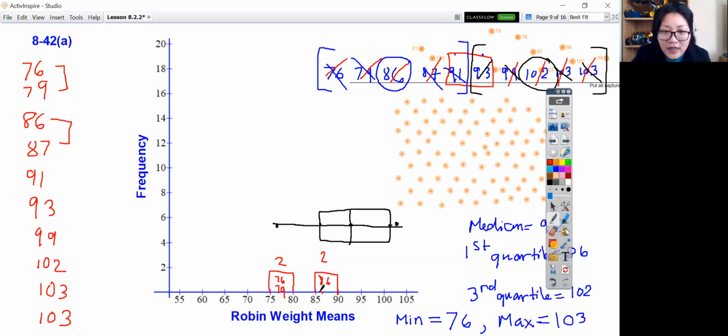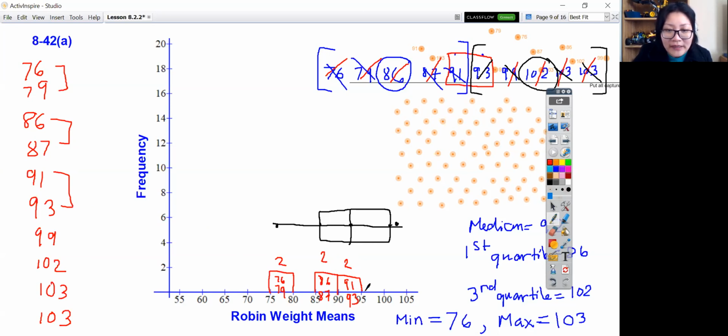Next, from 90 to any number lower than 95. I have 2 of them again, okay? Which, well, we see number 91 and number 93, these 2. 91 and 93, my bad.